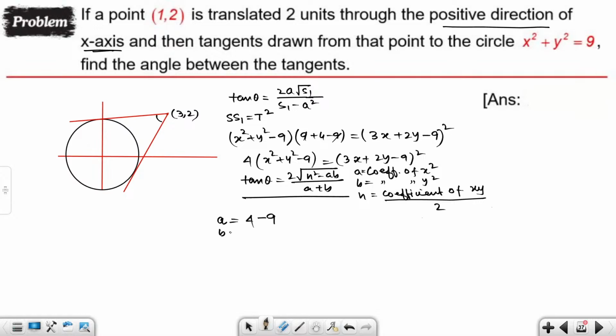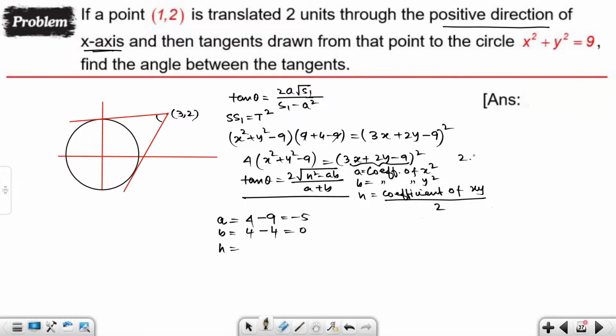What about the coefficient of y square? On the left hand side, we have 4, and on the right hand side, we again have 4. So when it comes to the left hand side, it becomes minus 4, so it's 0. And what about h? h is the coefficient of xy. The coefficient of xy you are going to have from this part only.